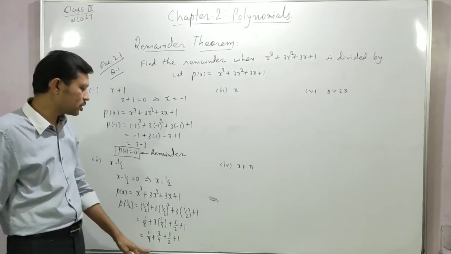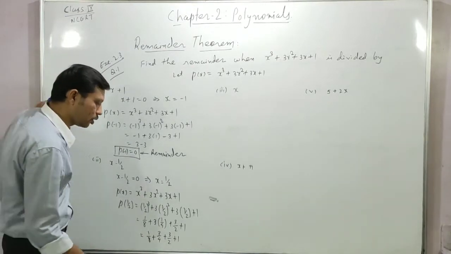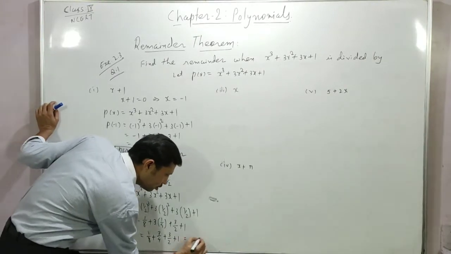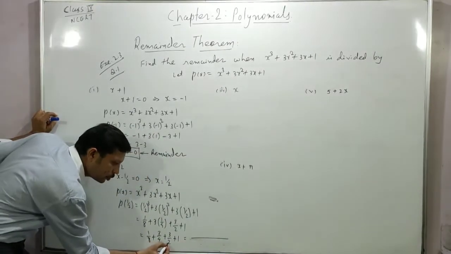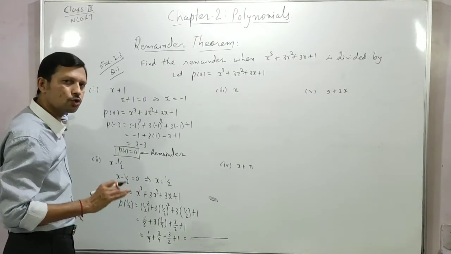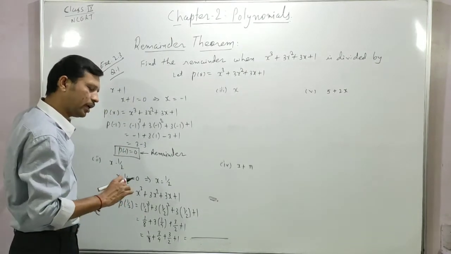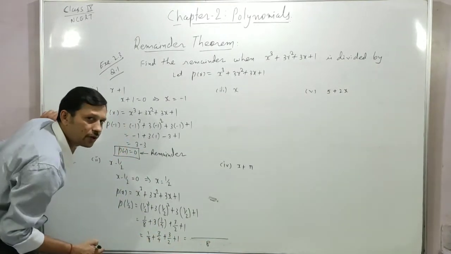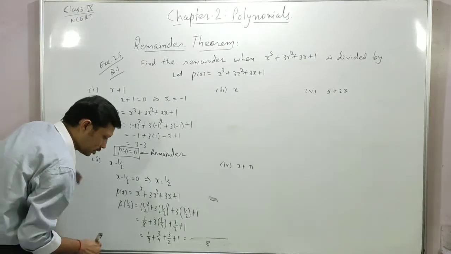Okay. Now to add or subtract, we have to take the LCM because all the terms have different denominators. So the three denominators are 8, 4, 2. So LCM of 8, 4 and 2, that will be 8, because 4 is already a factor of 8 and 2 is already a factor of 8.